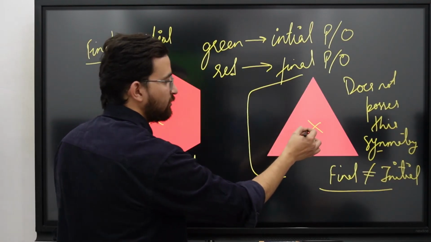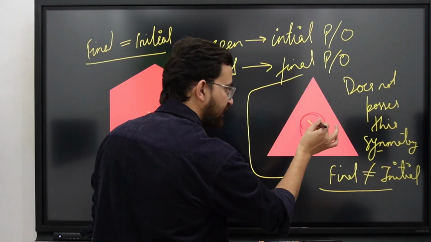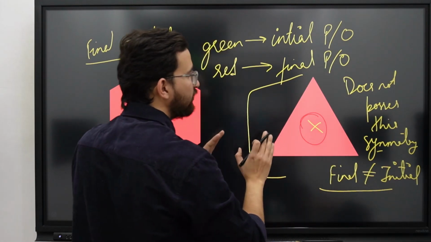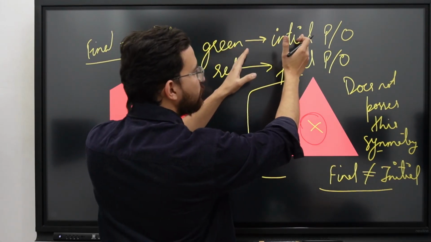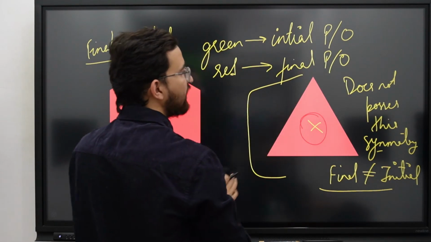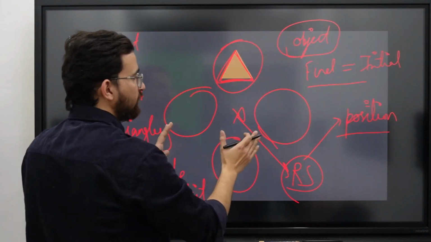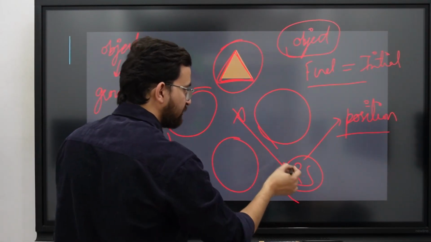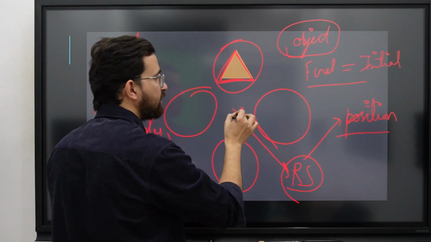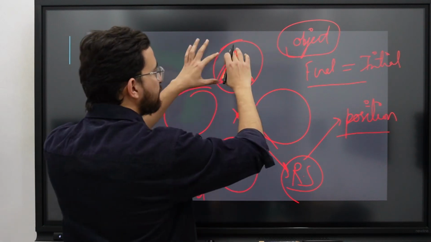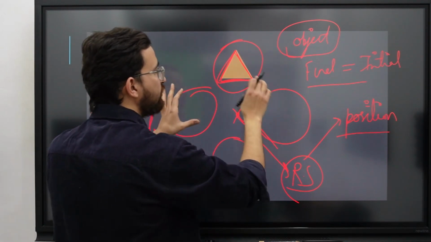Here the symmetry element was at the center of the object. So the triangle became the object, and you looked for the initial and final position of the triangle itself. Now in this image, the rotational symmetry is present here. So the object is a sum of these four triangles.